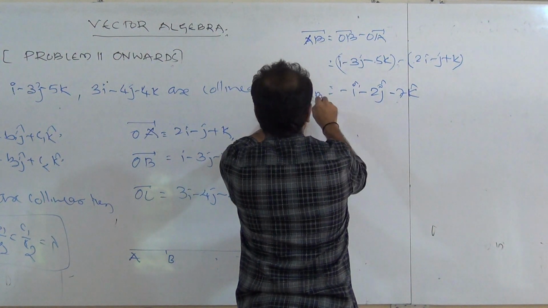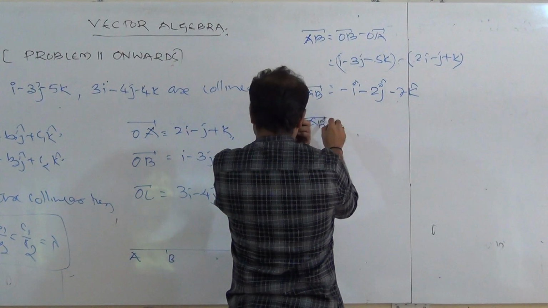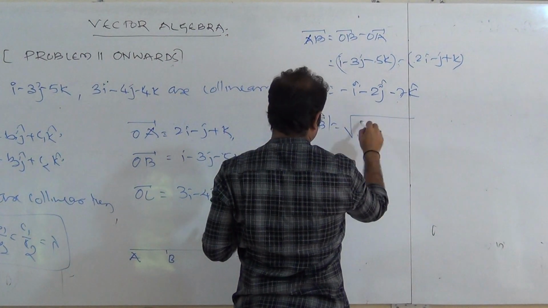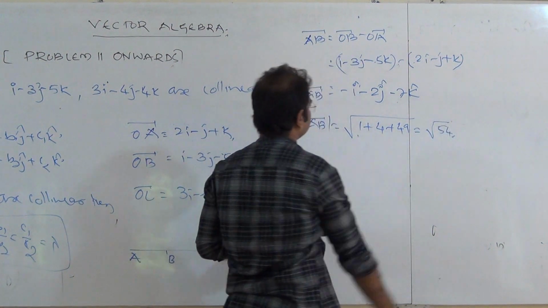This is AB. Or you can write its magnitude. Magnitude of AB is equal to square root of 1 plus 4 plus 49. The answer is root of 54, right?